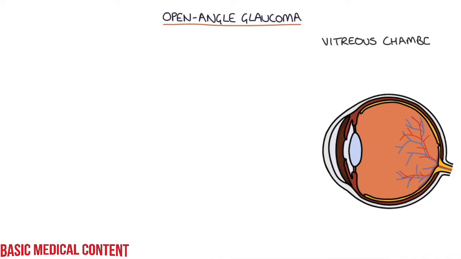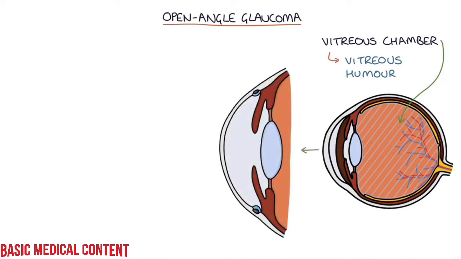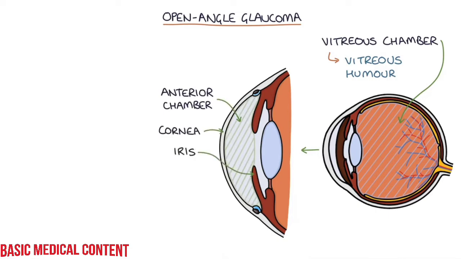The vitreous chamber of the eye is filled with vitreous humor, and this is the main bulk, the main area of the eye. The anterior chamber is between the cornea and the iris, and the posterior chamber is between the lens and the iris.